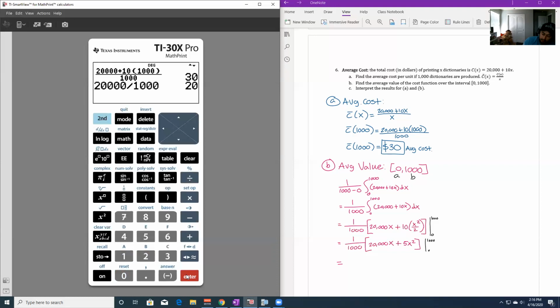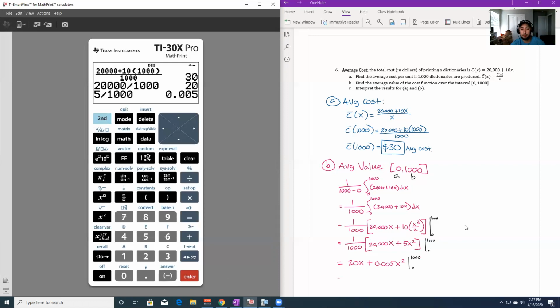So you'll get 20x plus 5 over 1,000, 0.005 x squared, from 0 to 1,000. Okay, we are now ready to calculate. That means we're almost home.